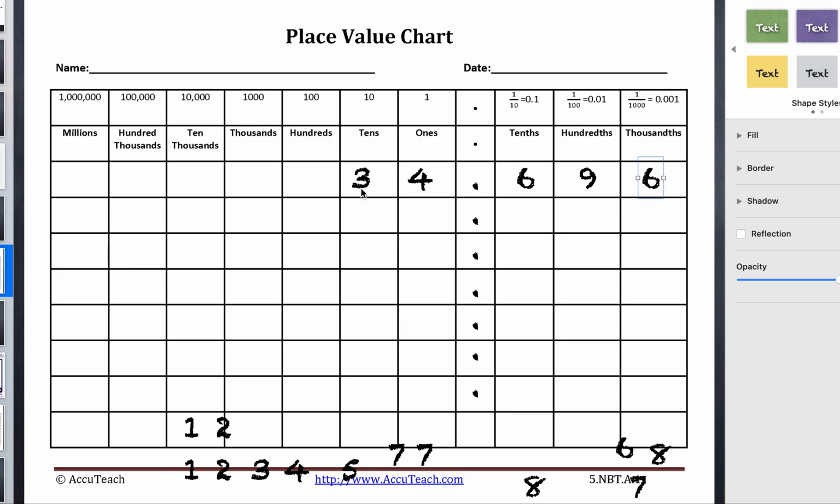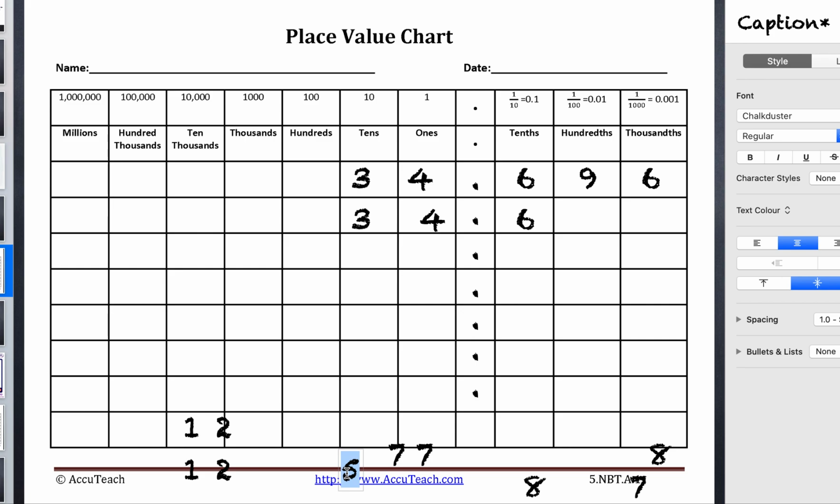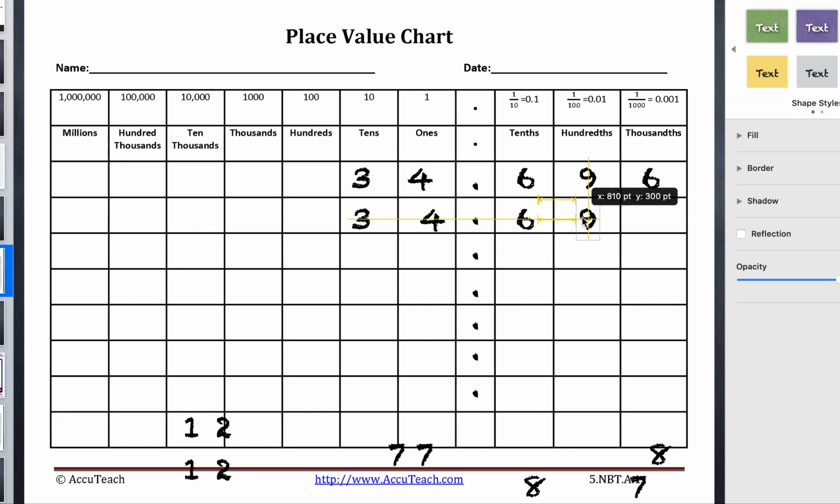So we're not going to change anything at all in the tens or the ones. The tens and the units are going to remain exactly the same. The tenths, again, the same. The hundredths, the same. We are going to have to add 1 in the thousandths column. So 6 thousandths plus 1 thousandth becomes 7 thousandths.